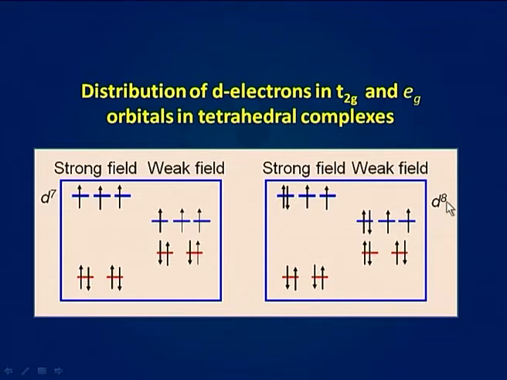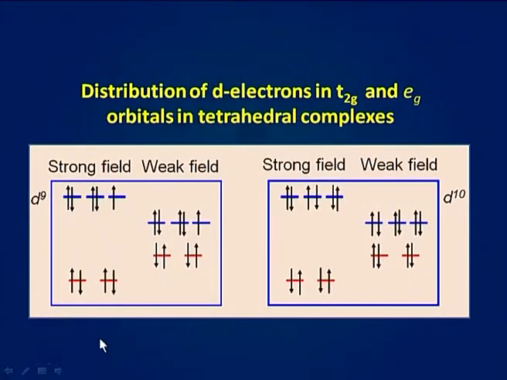For D8 system, the electronic configuration in stronger field and weaker field is Eg4, T2G4 in both the cases with 2 unpaired electrons. For D9 system, the electronic configuration is Eg4, T2G5 for stronger field and for weaker field both with 1 unpaired electron in both.